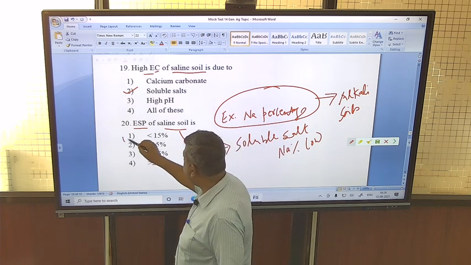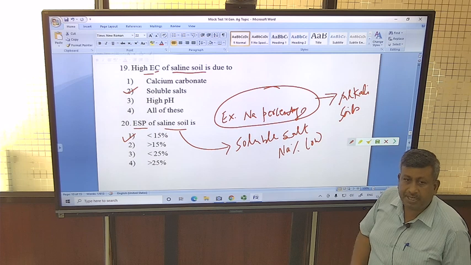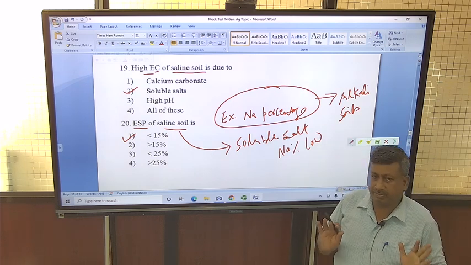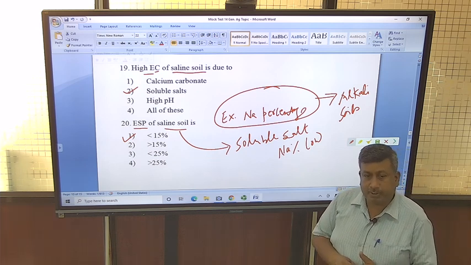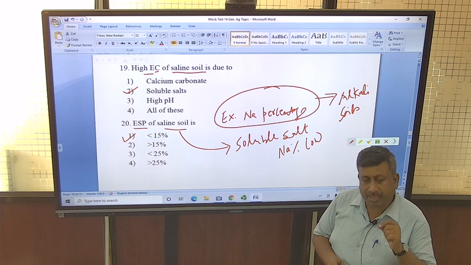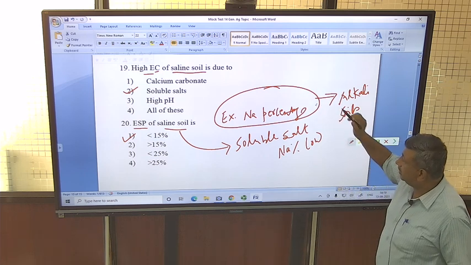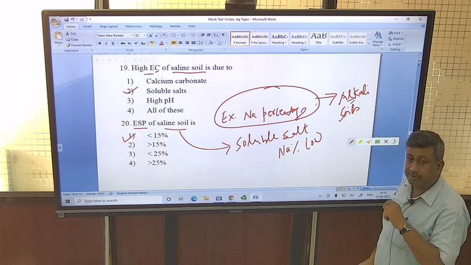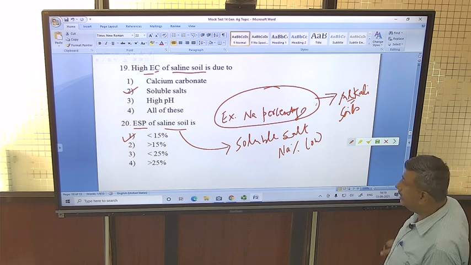This limit is less than 15%, while in case of alkali soil, ESP is more than 15. In saline soil, ESP is less than 15% because there is no dominance of sodium. ESP will be high if sodium content is more, and sodium content is more in alkali soil. That's why alkali soil shows more than 15% ESP, while saline soil has less than 15% ESP.